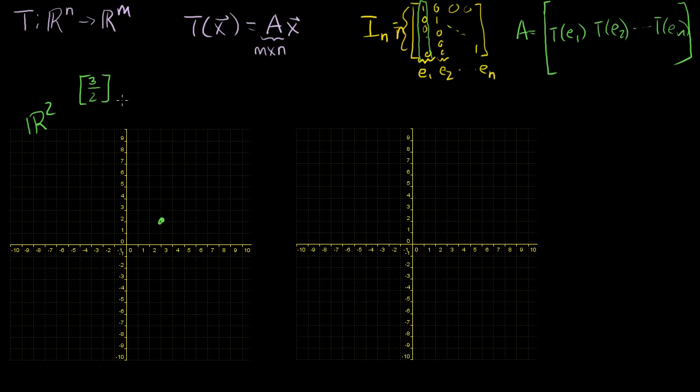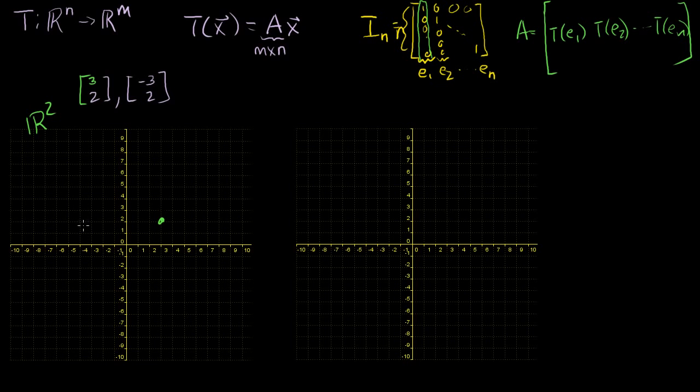And then let's say your next point in your triangle is the point minus 3, 2.